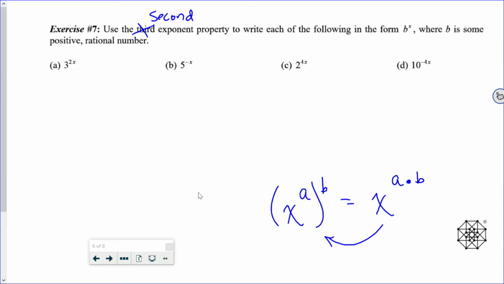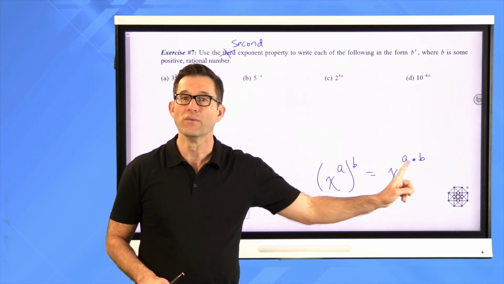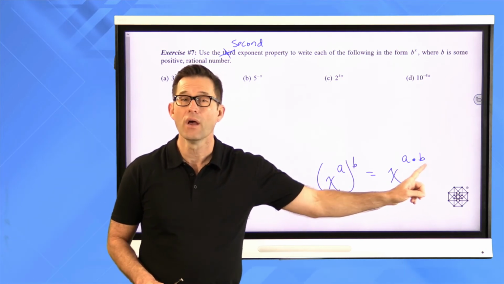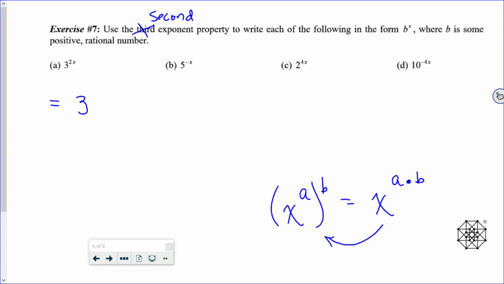Here I have 3 raised to the 2x, right? 3 raised to the 2x. And notice, 2x has this kind of form, 2 times x. So I can rewrite this particular problem as 3 to the second raised to the x, right?